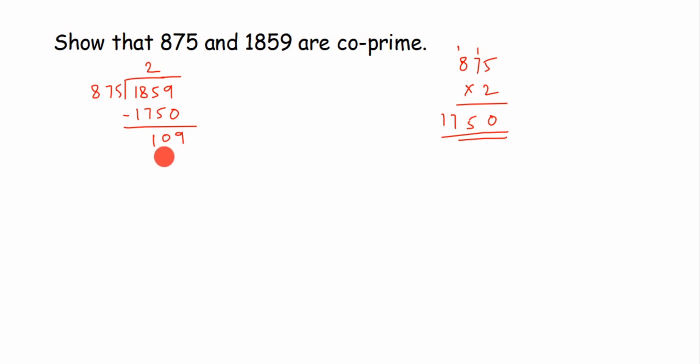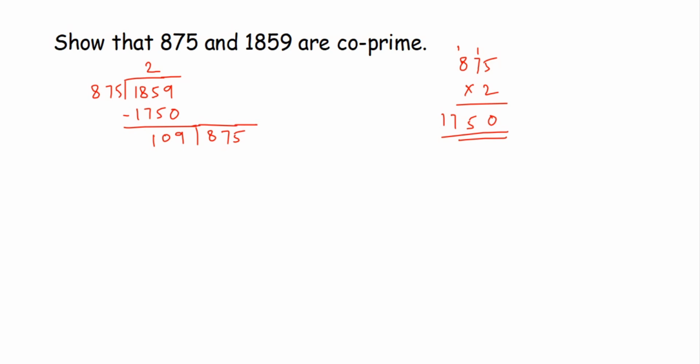So in this step we got remainder 109, so that will be a divisor, and dividend will be the previous step divisor. So in this step the divisor was 875, so that will become a new dividend. Now we have to divide these two numbers.